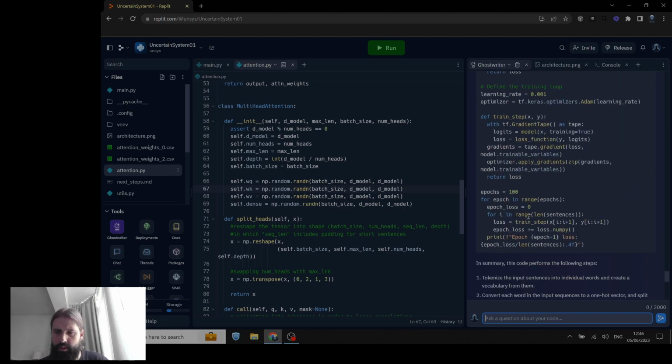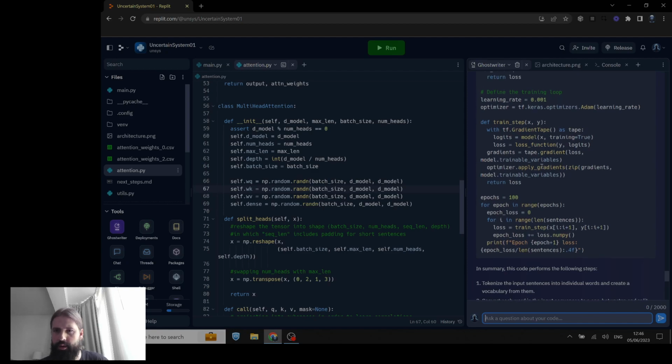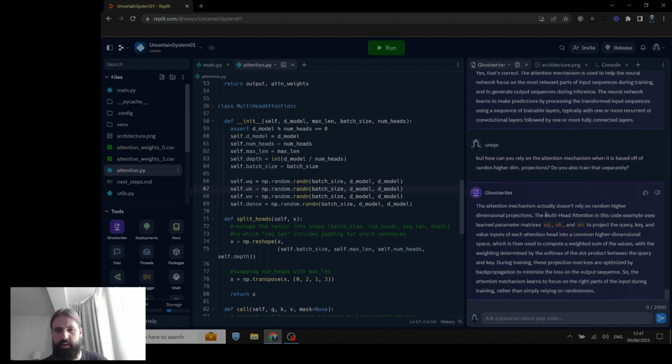So train step, loss function, apply gradients. But in the code above, we seem to only apply the gradients to the final layer.